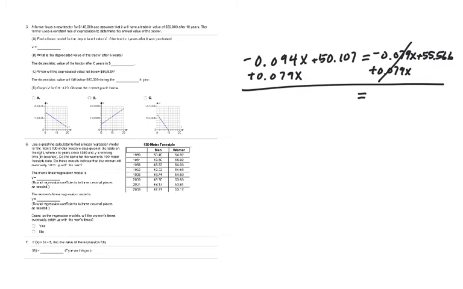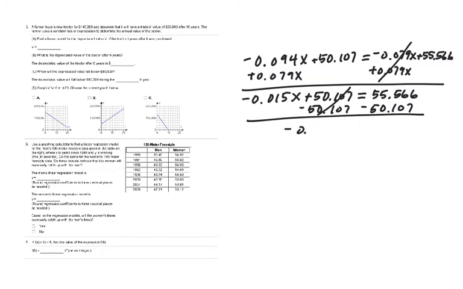And so for negative 0.094x plus 0.079x, we get a negative 0.015x, okay, plus 50.107 equals 55.566, okay, and then we'll subtract 50.107 from both sides.